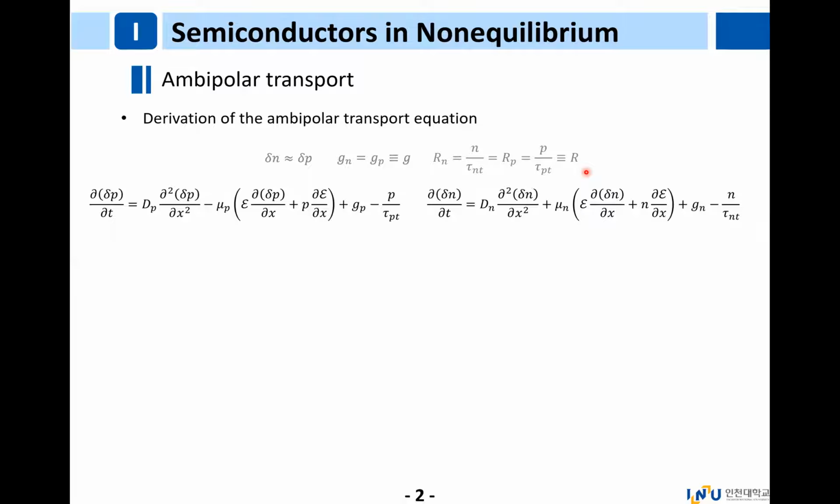Next, the electric field can be expressed as the sum of the external electric field applied from the outside and the internal electric field induced between electrons and holes.